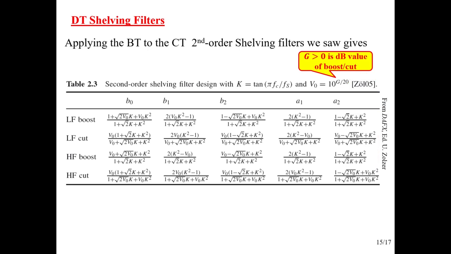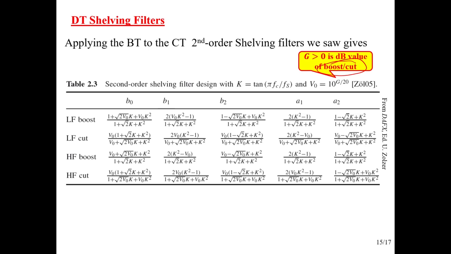Just a word of warning, this G here is not the G sub 0 that we had in the previous note set. It's just the V0 value in dB. So it's the amount of boost that you want in dB. It should be a positive number regardless of whether you want boost or cut, right?